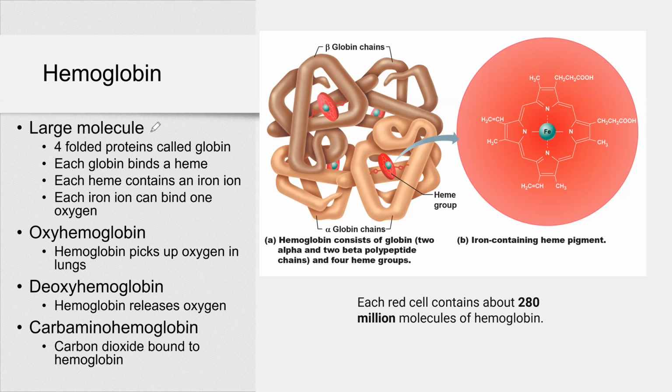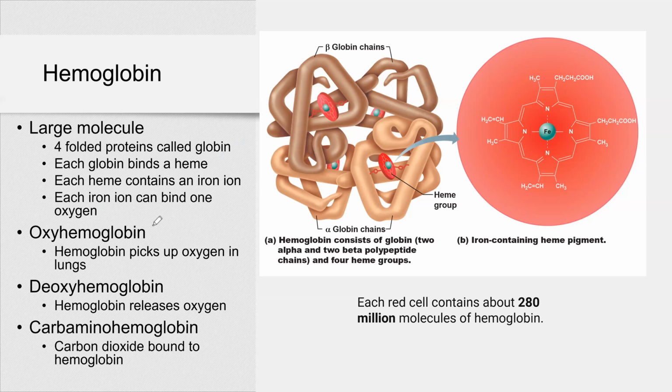So hemoglobin is a large molecule, with 4 folded proteins called globin. Each globin binds a heme, and each heme contains iron, and each iron can bind 1 oxygen. So that means every molecule of hemoglobin can carry 4 molecules of oxygen.